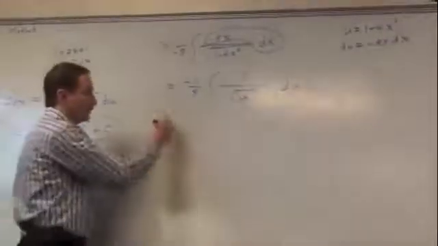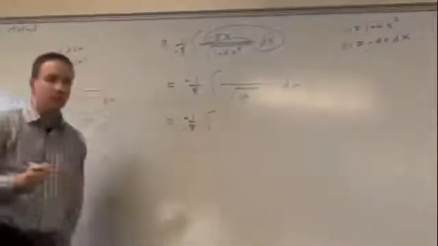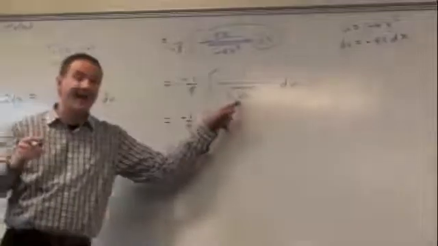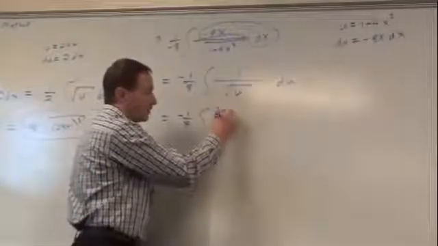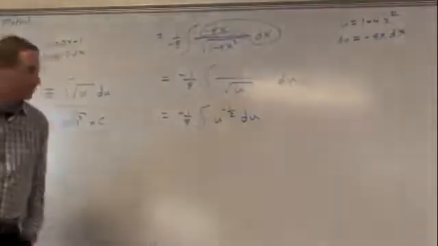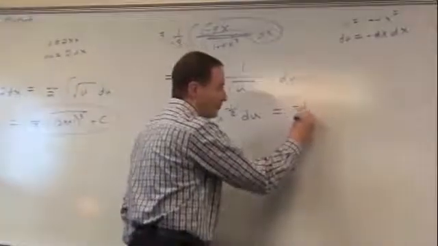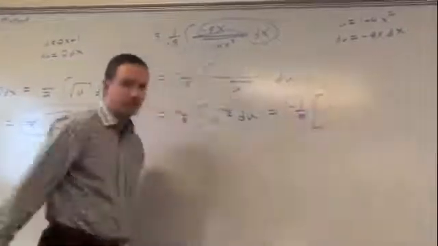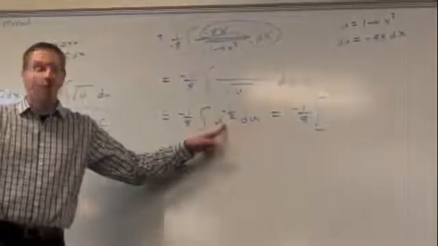So now we can say this is negative 1 over 8 on the integral u to the negative 1/2 power. 1/2 power since it's square root, negative since it's in the denominator. So I'll say this is going to equal negative 1 over 8 times the group. Integrate this function. When we integrate it, we add 1 to the exponent.